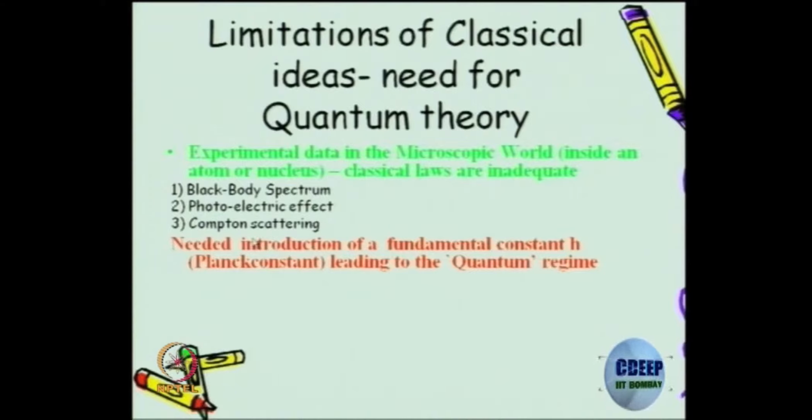Is that right? You all use the same h. That is why it is universal. The same h which was introduced by Planck to say that the energy of photons is quantized in integral multiples of h nu is the same h which appears in the photoelectric effect and Compton scattering.